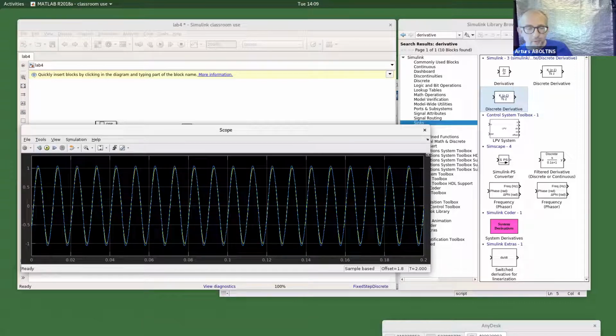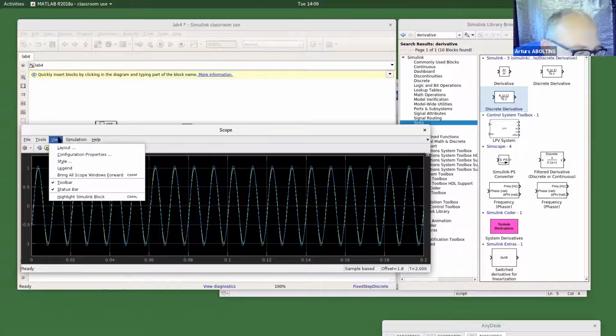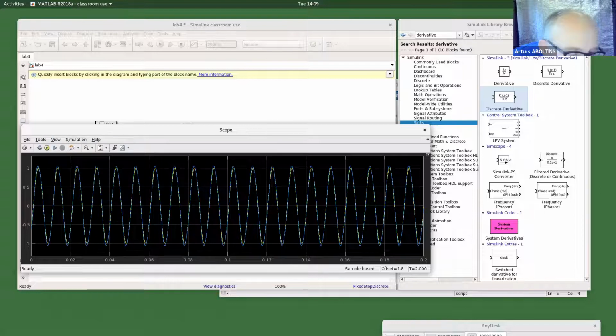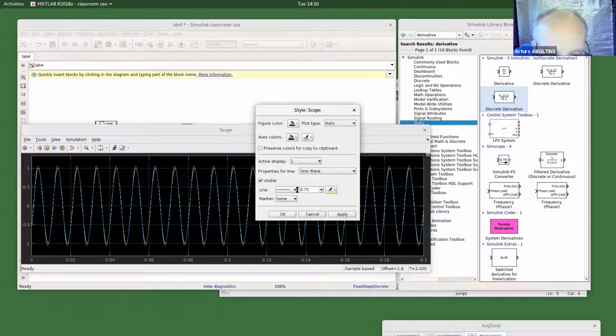The only problem here is that this generated signal, this blue one, is not really sinusoidal. Yes, and if you go here, let's check. This yellow is the sine wave, and the blue one is generated by the PLL.